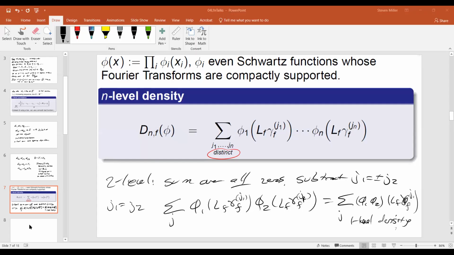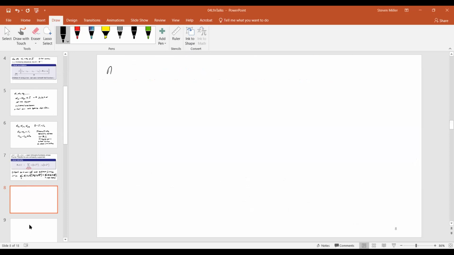And this is a key point. This is one of the biggest differences between the n-level densities and the n-level correlations. So for the n-level correlation, here's 0, here's 1, here's the line 1/2. I have my zeros, symmetric. But as I go very, very high up, I get a lot of zeros close.